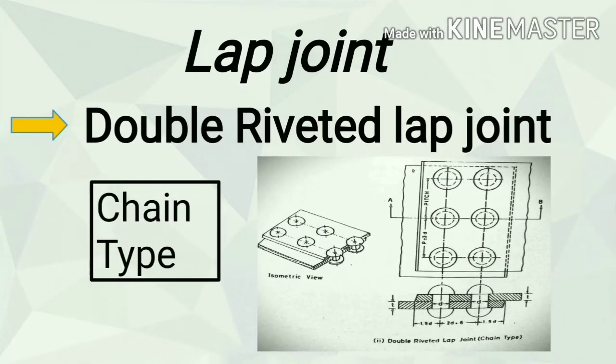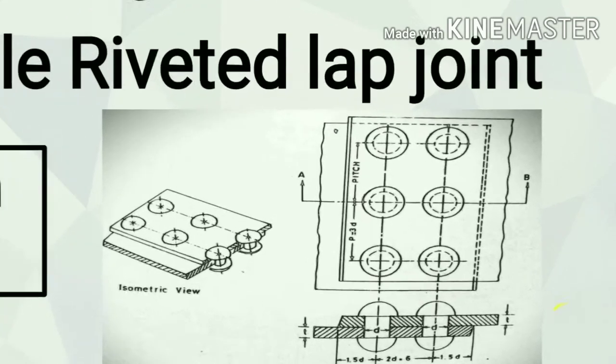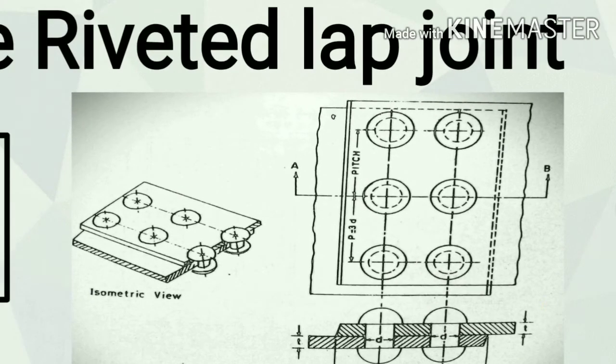Lap joint, double riveted lap joint, chain type, meaning two columns are present in this riveting method.